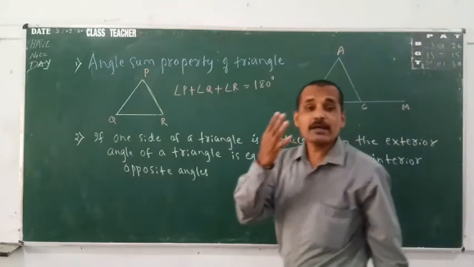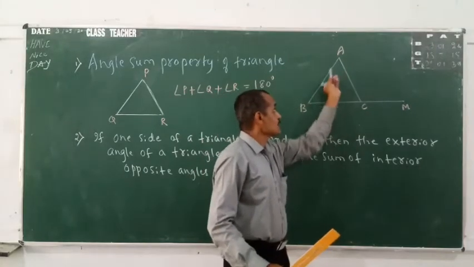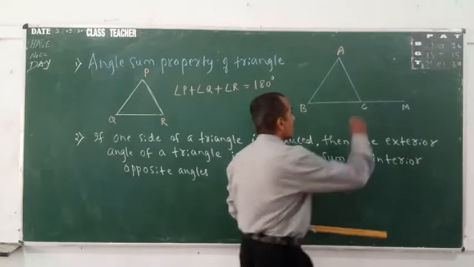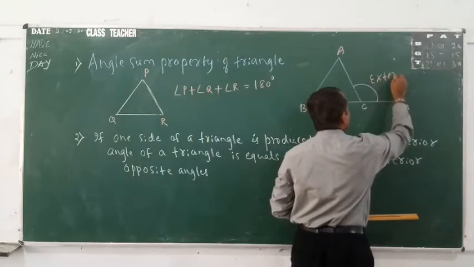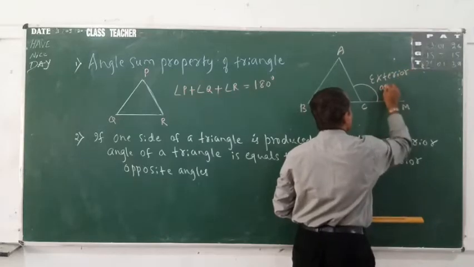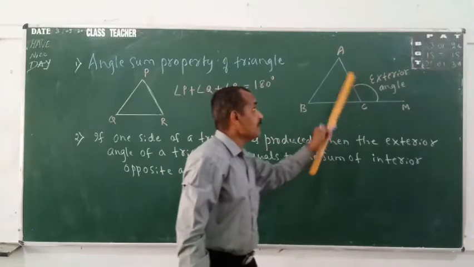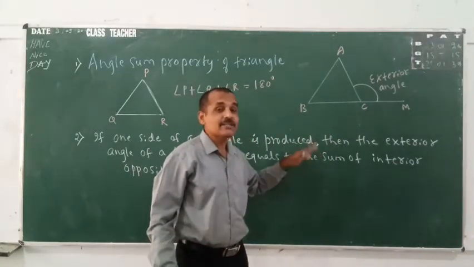Now there are four angles formed. These are angles of the triangle, and this is outside the triangle. This is called the exterior angle. Exterior to whom? Exterior to triangle ABC. Listen very carefully. I will come to this statement later.